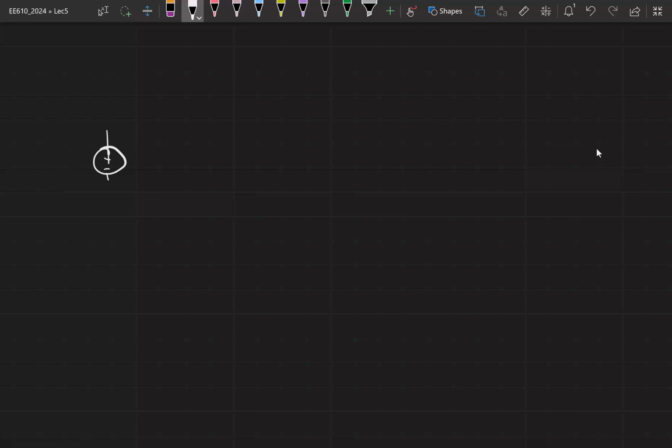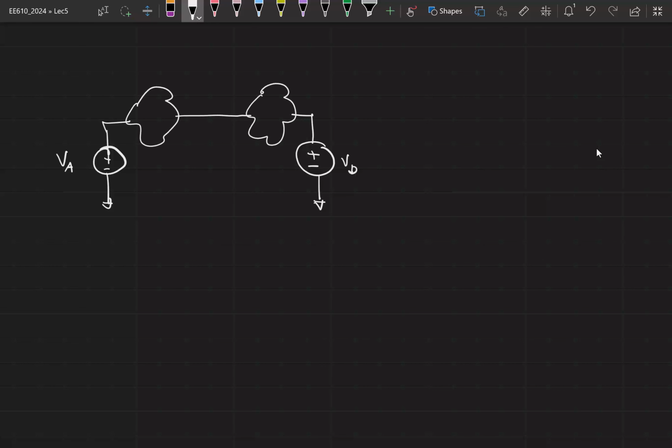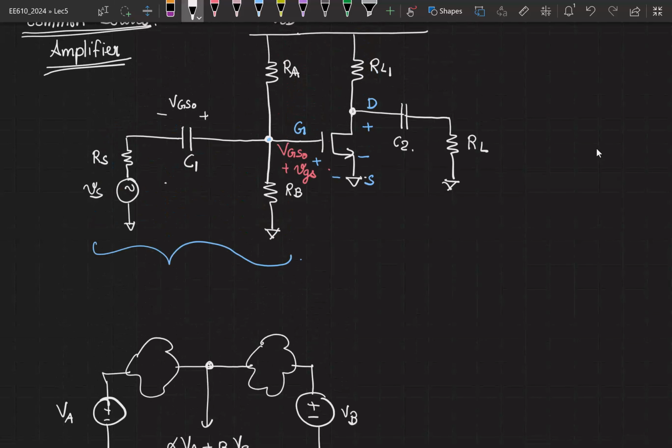I have some source VA and another source VB, and I want to connect it using some network such that at the in-between point or at some point in this network, I get alpha times VA plus some beta times VB. Right? So this is what we did when we tried to get VGS0 plus small signal VGS at the gate.